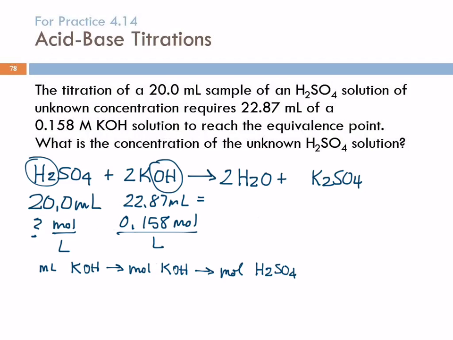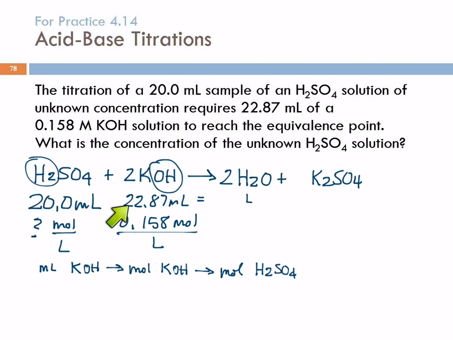So think about a 10 mil graduated cylinder and 1 milliliter in there. That's this little tiny amount, right? How big is a liter? It's half of a 2-liter soda bottle, right? So liter is the big unit, milliliter is the small unit. So if I go from a small unit to a larger unit, I need to take this larger number and make it smaller.